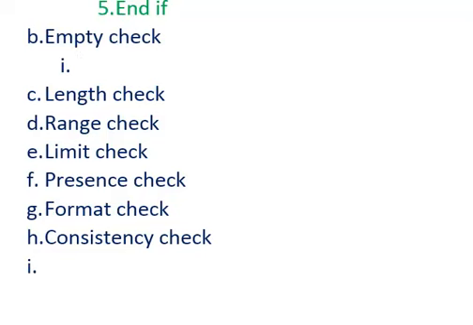The difference is that the empty check checks the empty field. That means the mandatory, required, necessary fields which you cannot leave empty. They require data, or the fields which are marked with a star sign, right? So the field should not be left empty. You must type in some data. So this is the concept of empty.